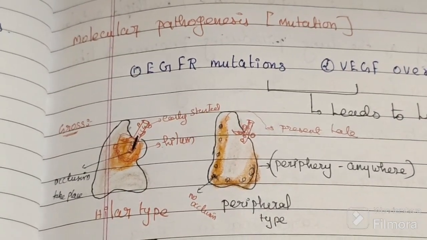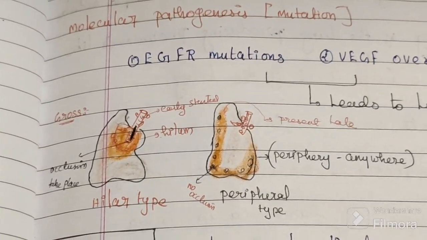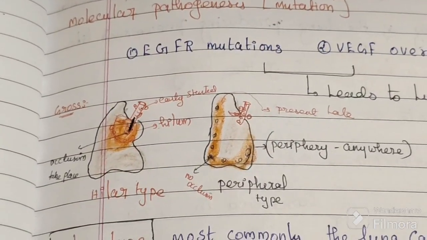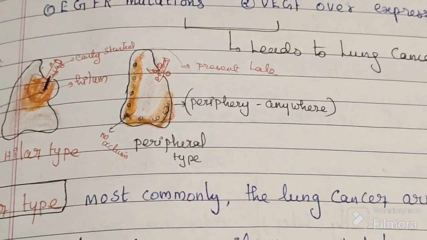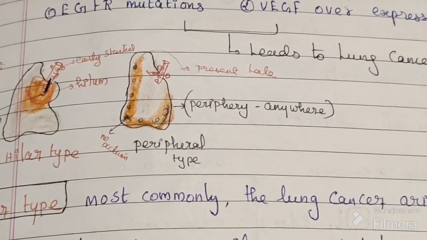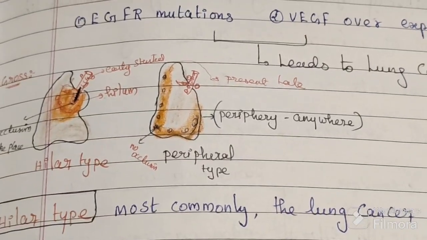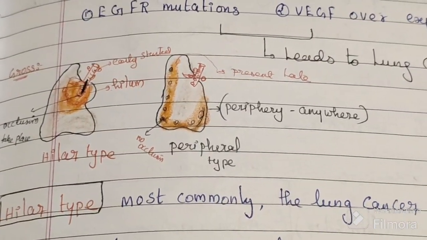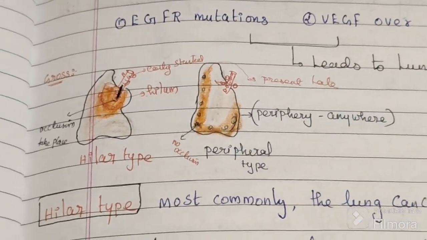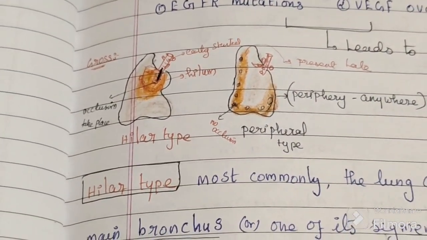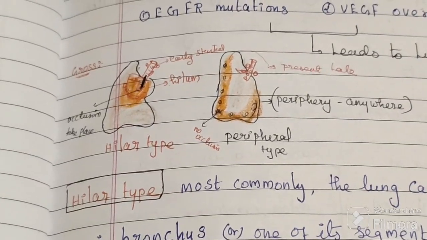It presents early, with occlusion of the lumen. But in the periphery, no early occlusion takes place, so bronchial obstruction occurs late, with consolidation of a large part of the lung.